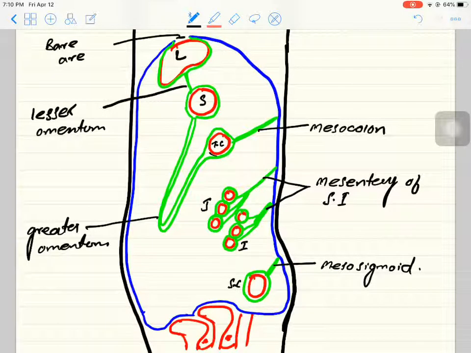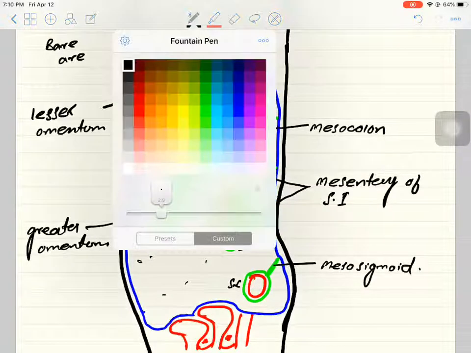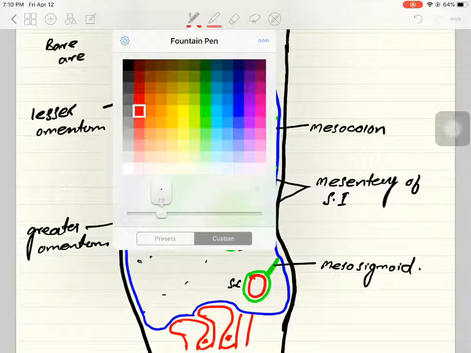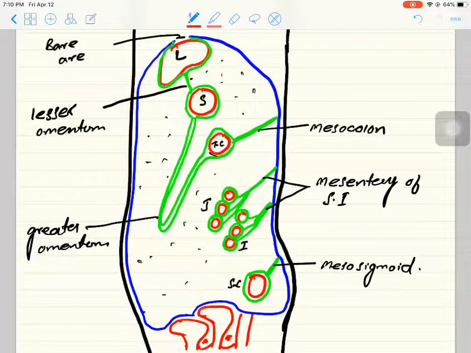Here the lesser omentum and the greater omentum divide the abdominal cavity into two regions. Number one is this region, and this region: one is greater and the other is smaller. The smaller sac we call the lesser sac, while this area we call the greater sac.